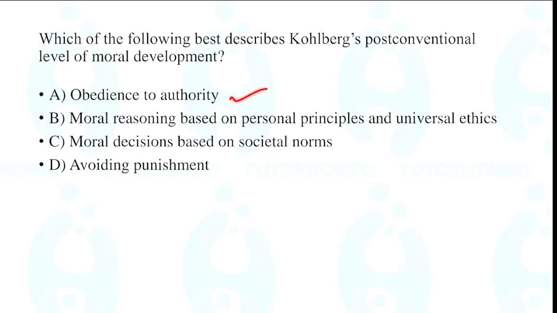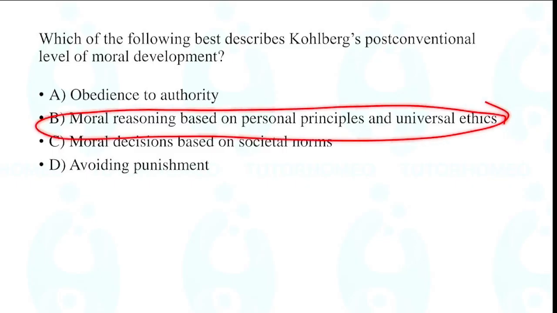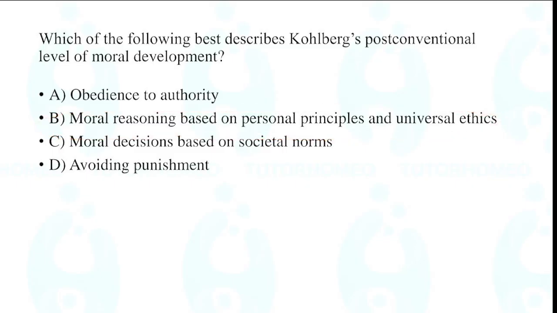Obedience to the authority, again law and order, comes under the conventional one. But moral reasoning based on personal principles and universal ethics, or the principles they have of themselves, all those come under the post-conventional, which is usually for adulthood.